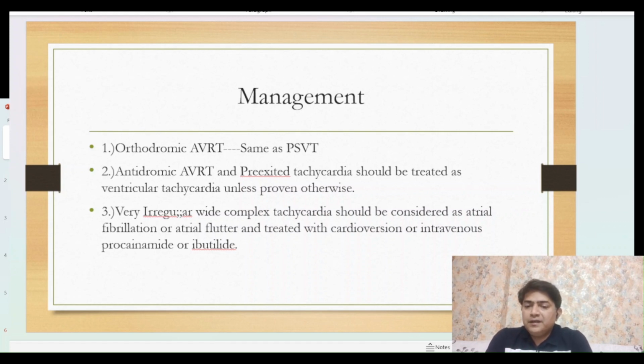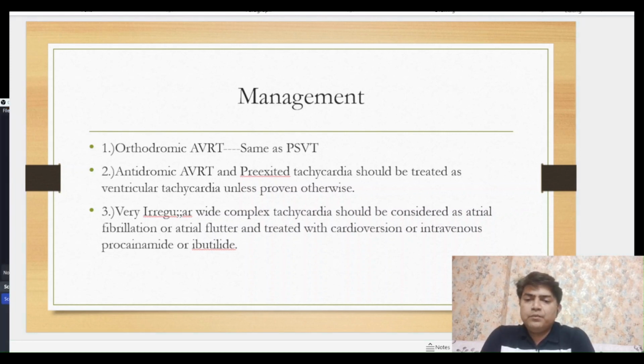Now, the very interesting topic: if the tachycardia is very irregular, meaning it is an irregular wide complex tachycardia, it should be considered as atrial fibrillation or atrial flutter and treated with cardioversion or intravenous procainamide or ibutilide. Now, this concept is very important for you to understand.